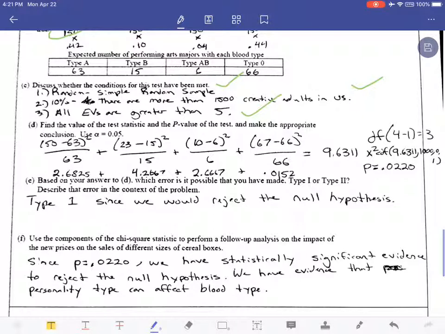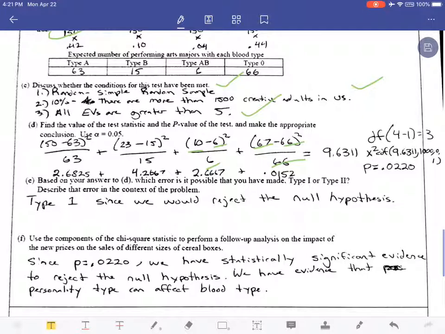For our type AB blood, we had observed value of 10 and expected value of 6. And then for type O blood, we had observed value of 67, expected value of 66.